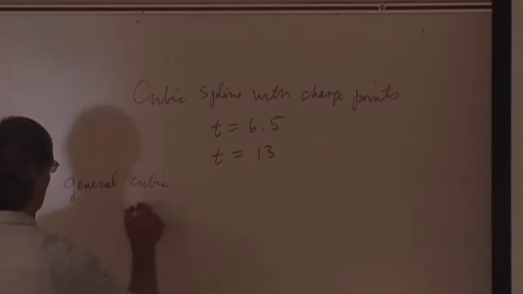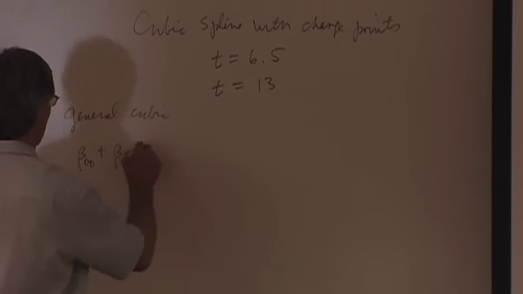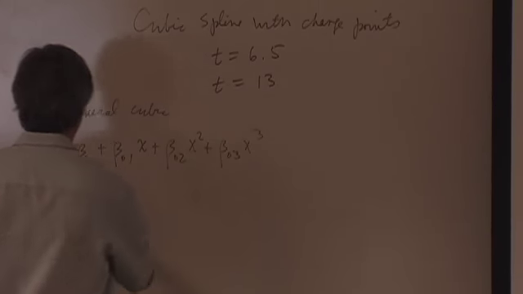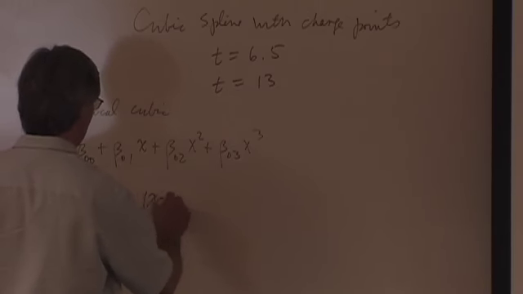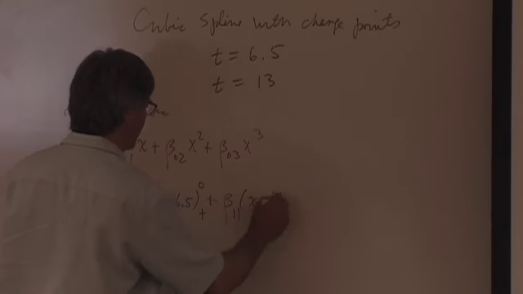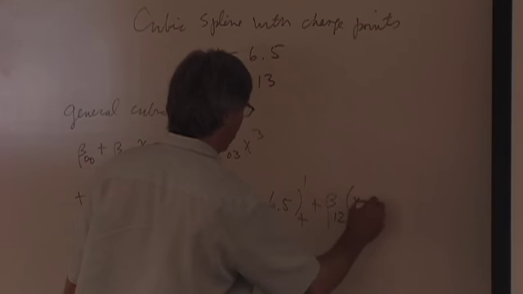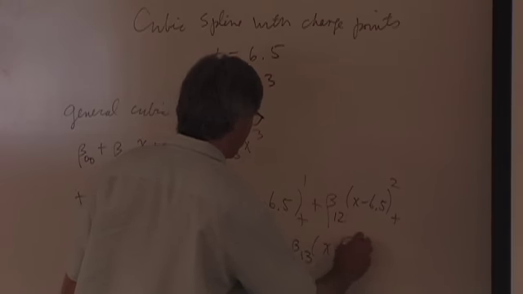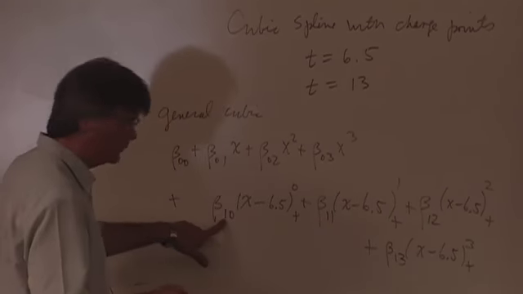cubic, where it would be something like beta 0,0 plus beta 0,1 x plus beta 0,2 x squared plus beta 0,3 x cubed plus beta 1,0 (x minus 6.5)+ to the 0 plus beta 1,1 (x minus 6.5)+ to the 1 power plus beta 1,2 (x minus 6.5)+ squared plus beta 1,3 (x minus 6.5)+ cubed plus, and then all the ones at the 13, which are like this one, only the index goes from 1 to 2.